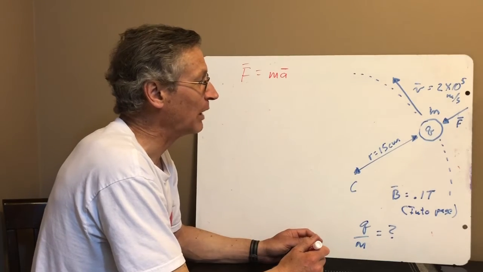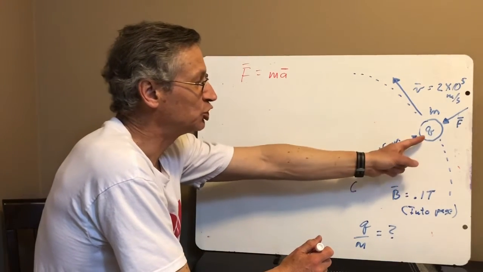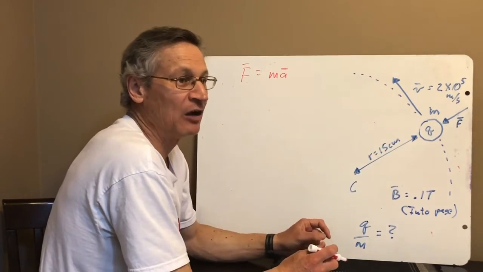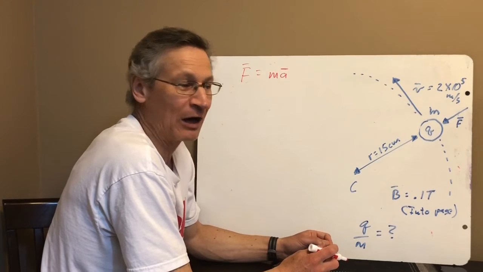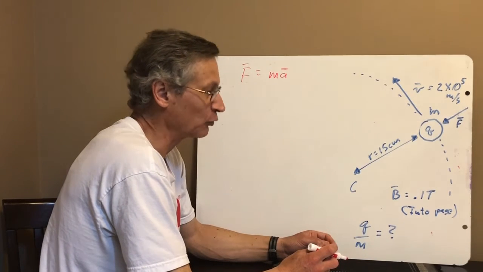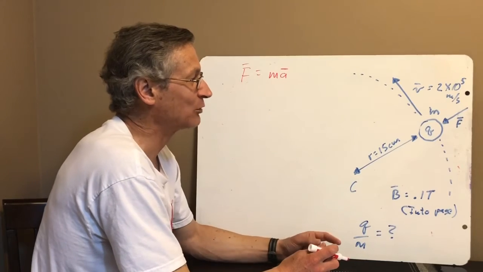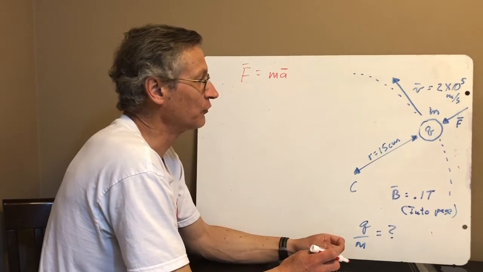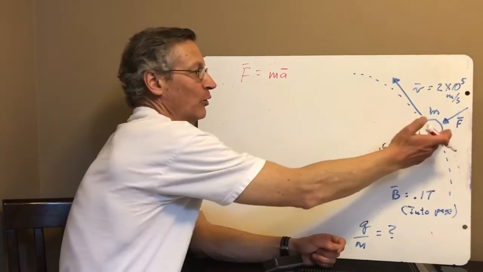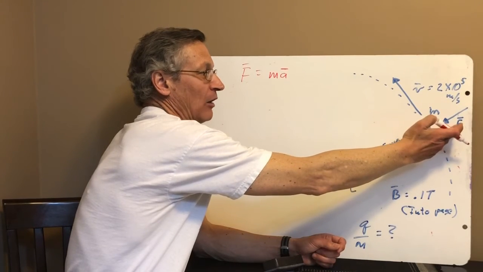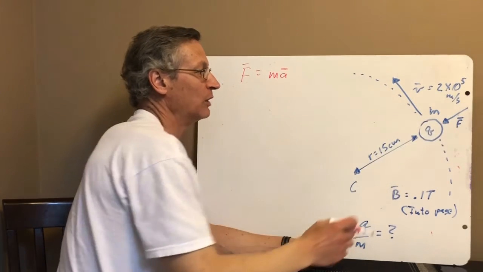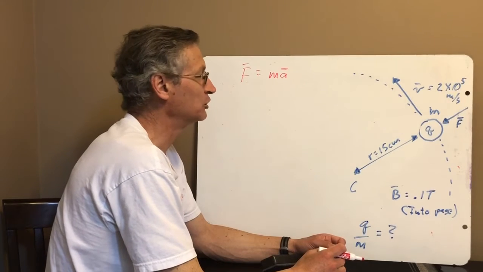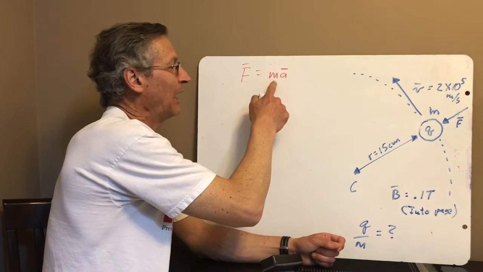And remember, if you have charged particles, you can ignore gravitational forces with respect to electrostatic and magnetic forces. So that is going to be the only force acting on our charge, the magnetic force, and it's equal to the mass times the acceleration.